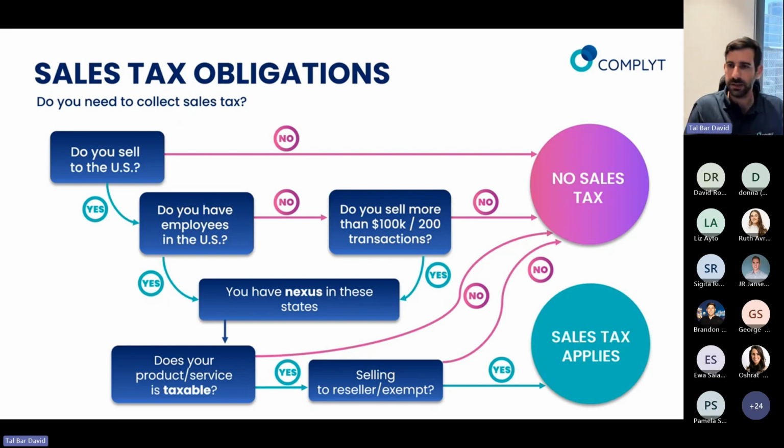And I'll give you an example. Let's say Adidas. They are selling shoes directly to consumers in the US. Obviously, this is subject to tax, but they also sell their shoes to Walmart or to Target. So the transaction between Adidas and Walmart is exempt from sales tax because Walmart is not the end user.